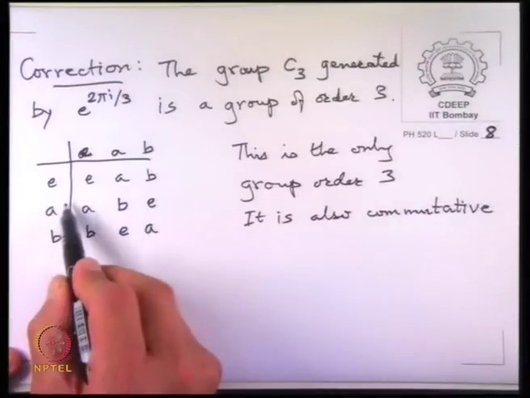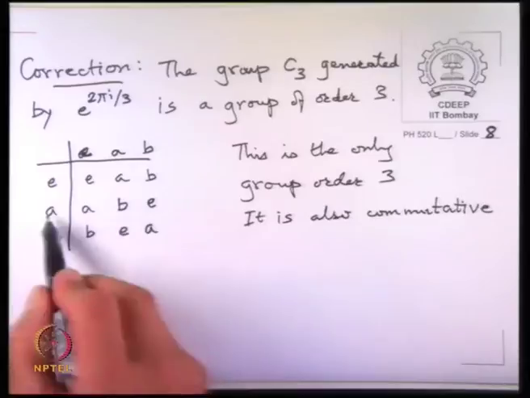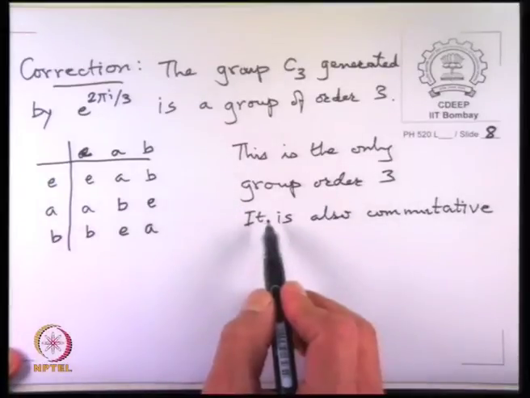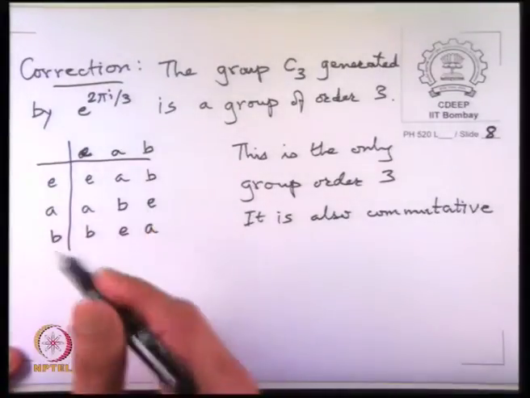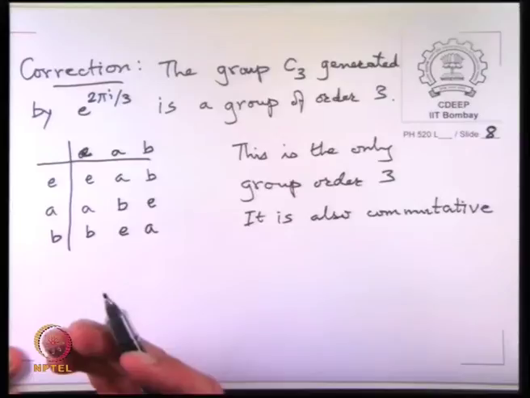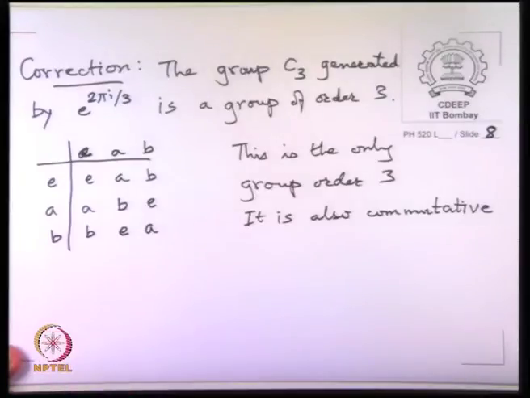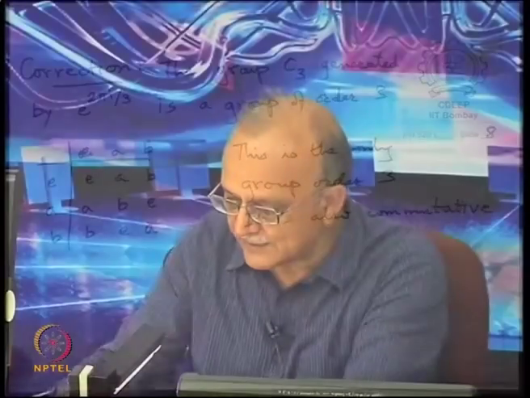You can't have A times B giving C and A times F also giving C, because then the inverse will not be unique. So the row can contain an element only once. Similarly, the column can also contain an element only once, because a column is nothing but the reverse; you can think of it also as a multiplication.